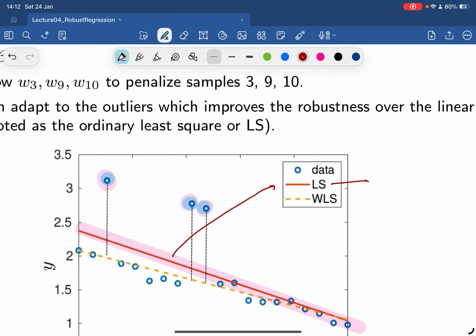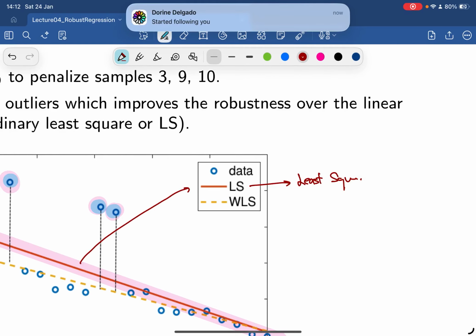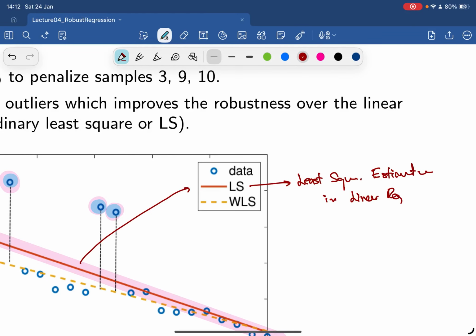This is from the least square estimation in linear regression. In other words, it refers to the optimization problem that is argmin beta of x beta minus y.